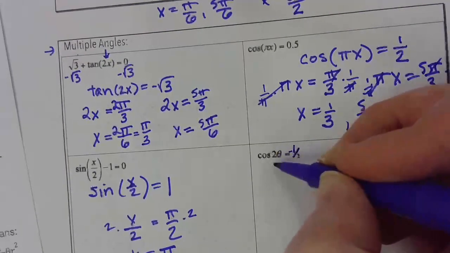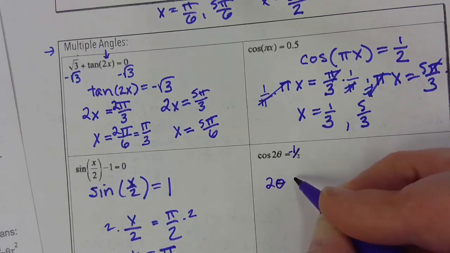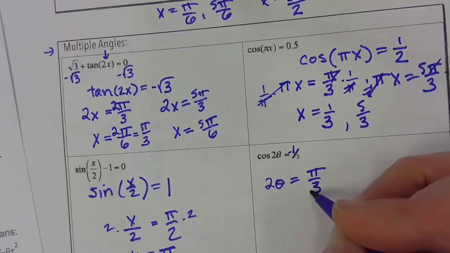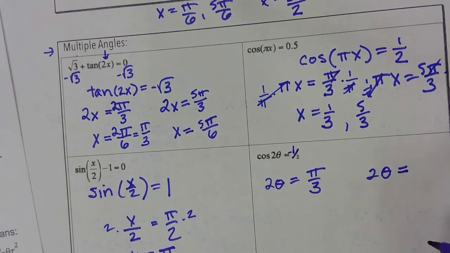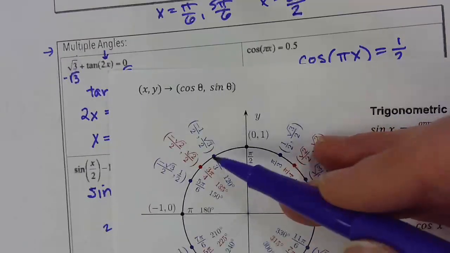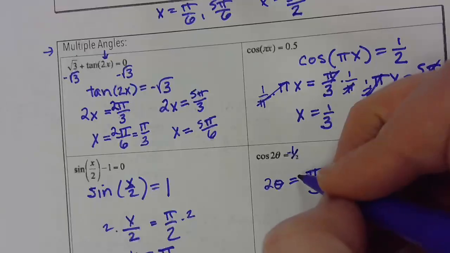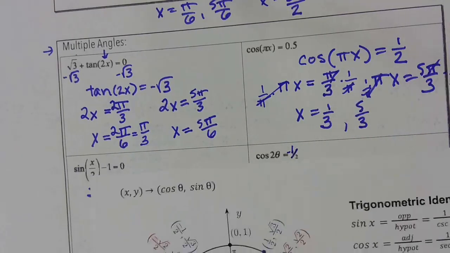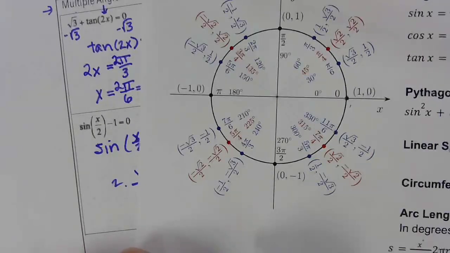So I want 2 theta to be, sorry, we said negative 1/2, so it would be 2 pi over 3 again, and then 4 pi over 3 down here.